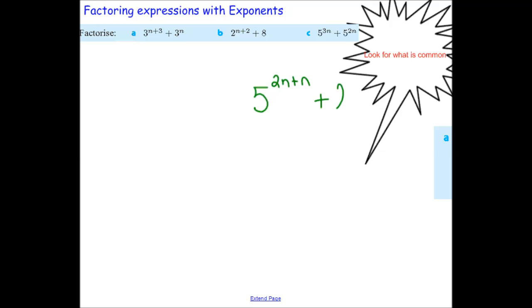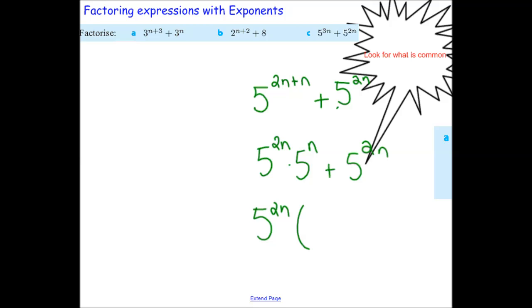And this is 5 to the 2n still. The reason that helps us is then it allows us to factor out 5 to the 2n. So we've got 5 to the 2n times 5 to the n plus 5 to the 2n. We can factor out 5 to the 2n. And this is what we're left with.